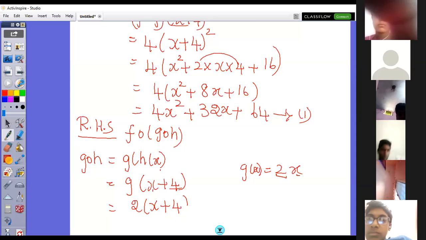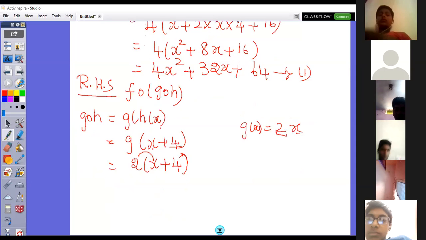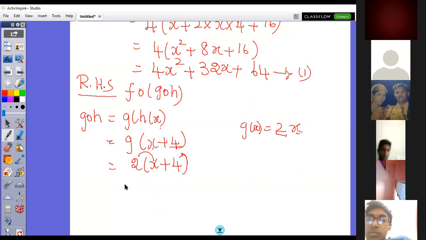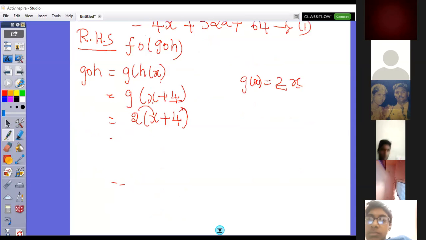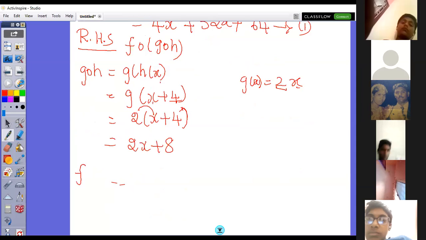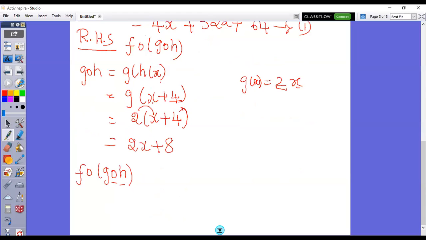Then multiply: 2x plus 4 2s are 8. The next one, F composite G composite of H equal to F of G composite X, what value?